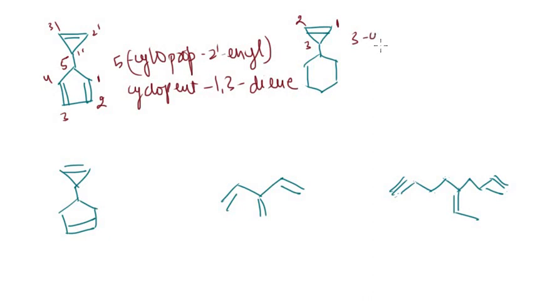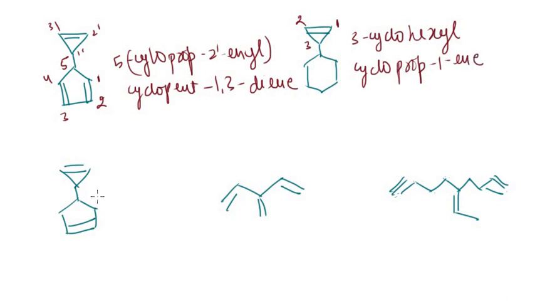So 3 cyclohexyl. Even though more carbons are present here, we will name it 3 cyclohexyl cycloprop-1-ene.